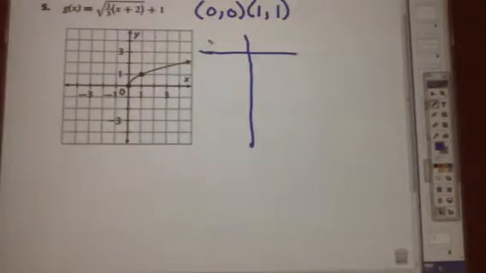What are we doing to the x? 3x minus 2. And what are we doing to the y? Plus 1.